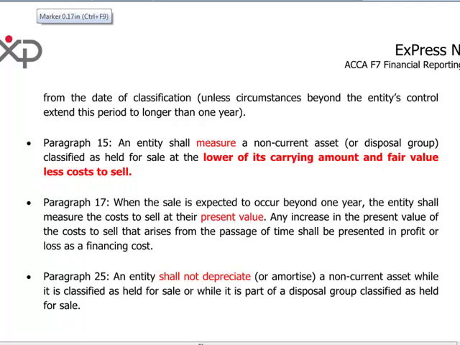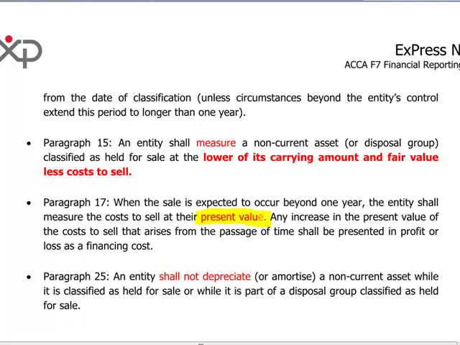And what IFRS 5 says is, if we are planning to sell the disposal group of the non-current assets in question in more than 12 months, we should reflect this at the present value. Remember, we talked about taking into consideration the time value of money, meaning I have to discount back, usually at my weighted average cost of capital, and show this at present value, and then increase the value with the change in the year by booking a finance cost in the income statement.